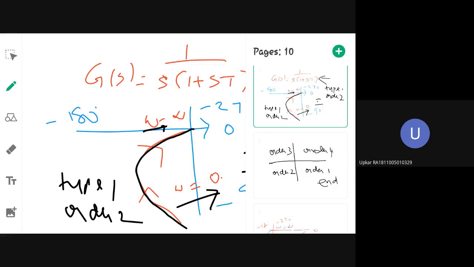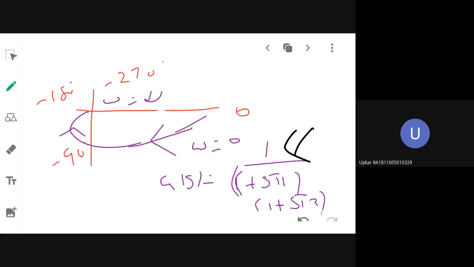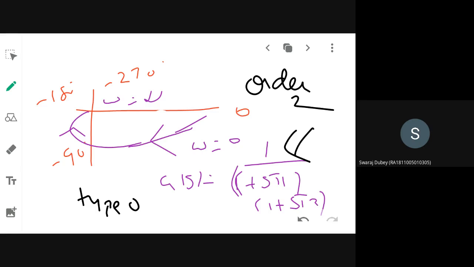Now if you see this function, what is the order and what is the type of the system? Ma'am, type 0 to 1. Type is 0, and order is 1 in the beginning and then it is changing. The factors are 1 plus sT1, 1 plus sT2. How is the order 1 for you?